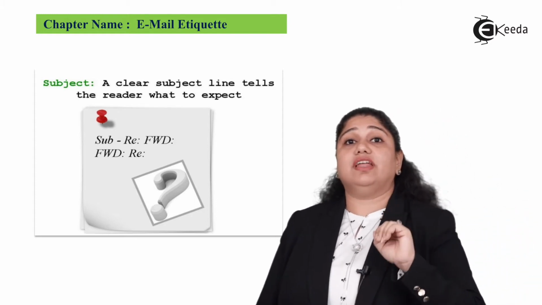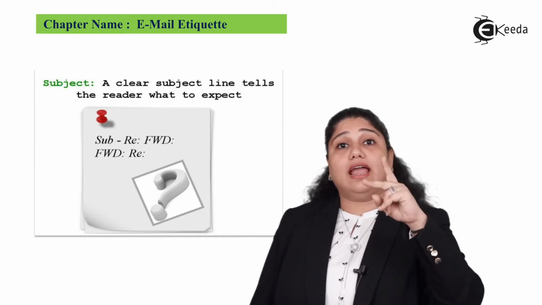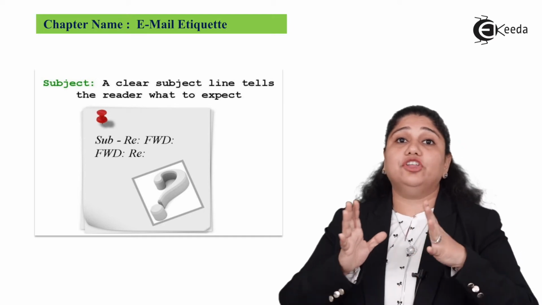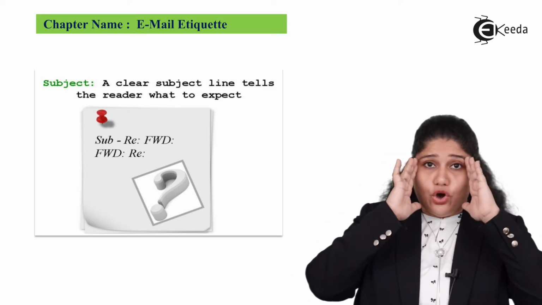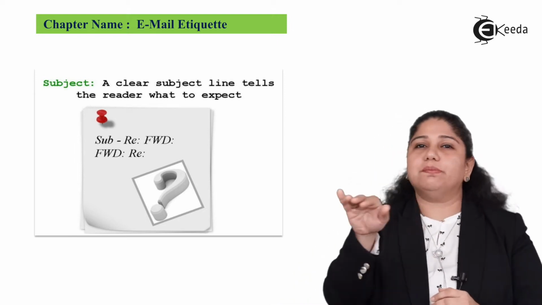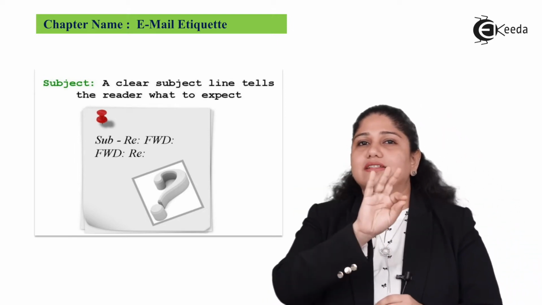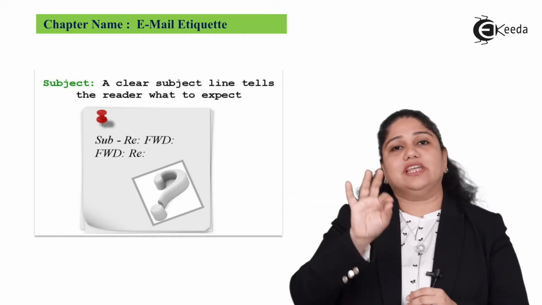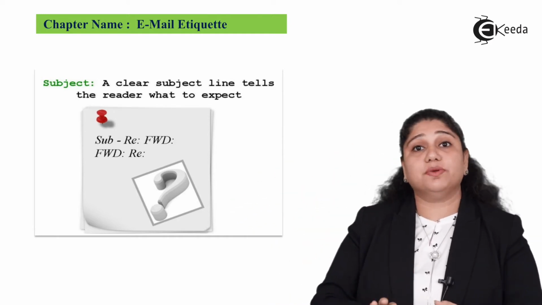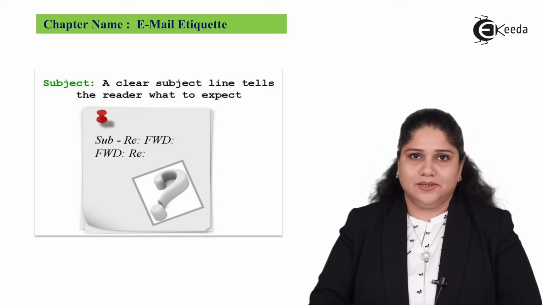This is where your connection with the reader gets stronger, because you are getting your thoughts interpreted into his thoughts by writing one simple and straight subject line, where that person knows exactly what he's going to read in your mail, and because he knows, he's focused.